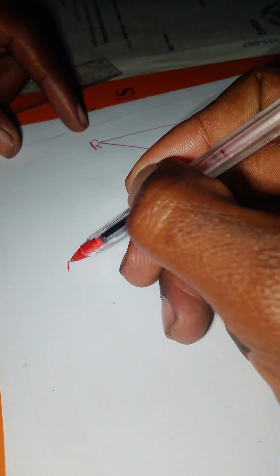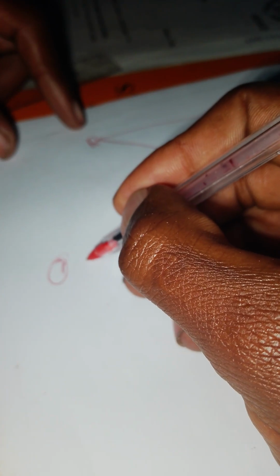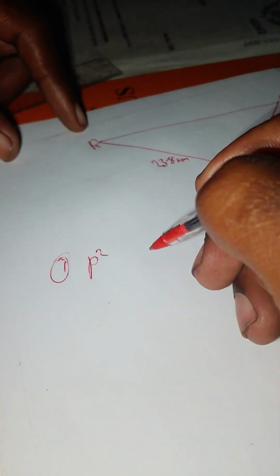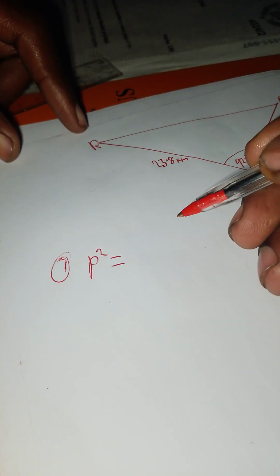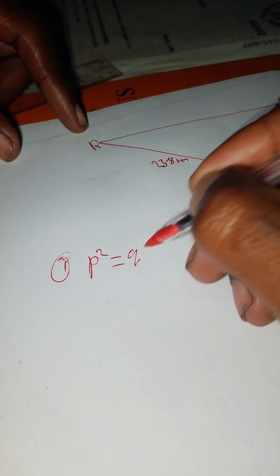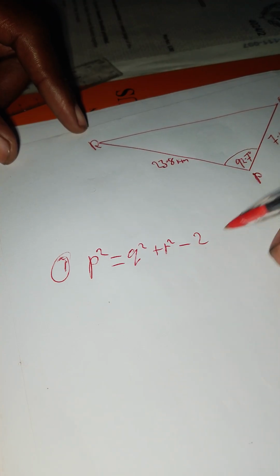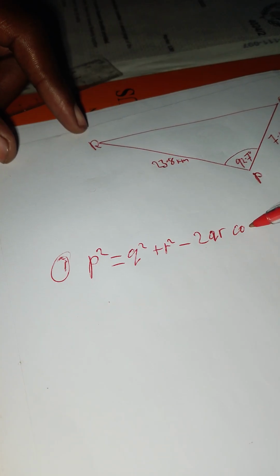The formula is P squared is equal to Q squared plus R squared minus 2QR cos P, capital letter P.